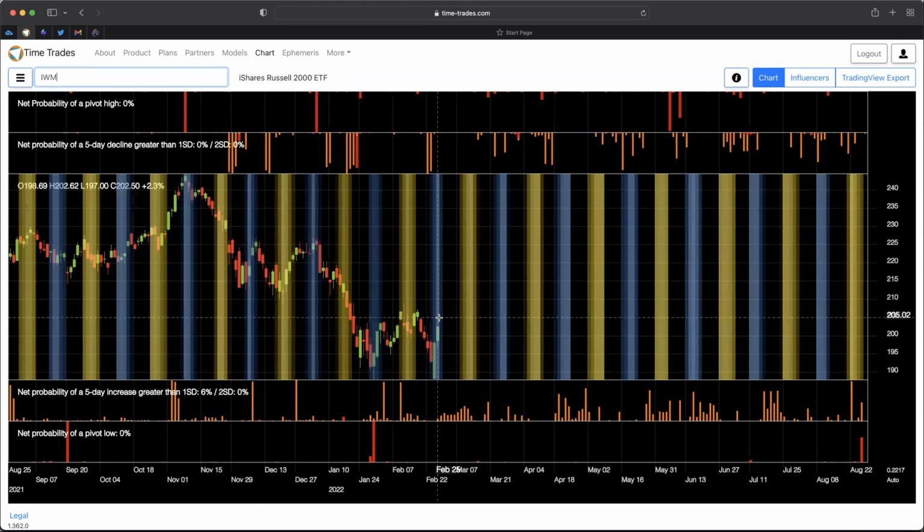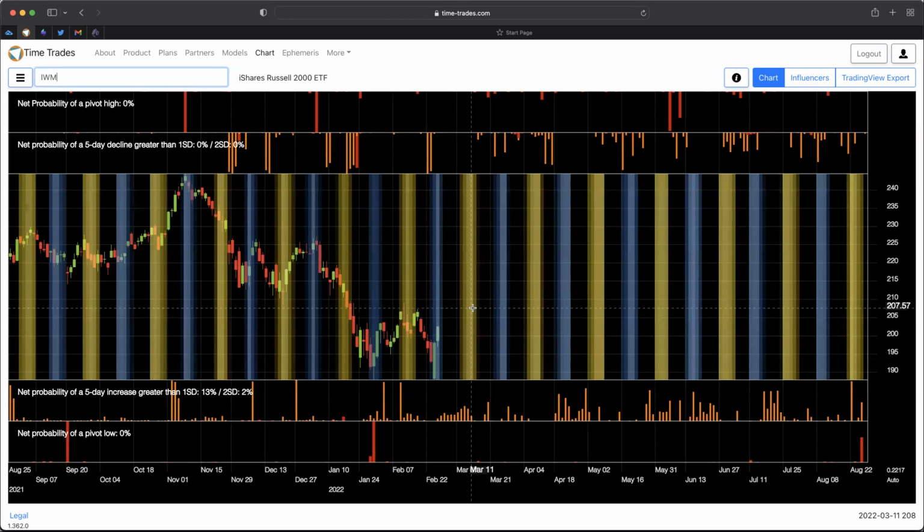Basically, they're geared to the amount of drilling activity that's going on, and coming out of 2020 and early 21, when there was very little drilling activity happening, they were really beaten down. But now they're starting to get a lot more business, and that's reflecting in the IWM index, which is very strong here the last couple of days. And there's a forecast for it to keep moving higher up into this scan wave yellow period.